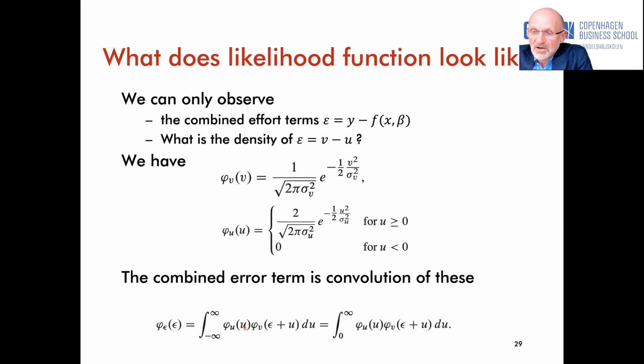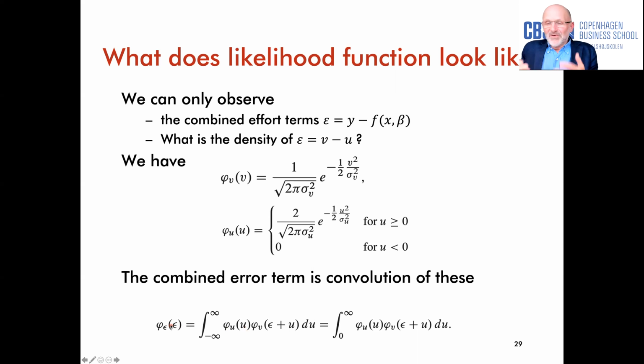But I can choose a lot of different U's, so I basically have to integrate over all the possible U's. So if U is 100 and the composite error is 200, then V needs to be 300, because if I take 300 and subtract 100, then I get 200.